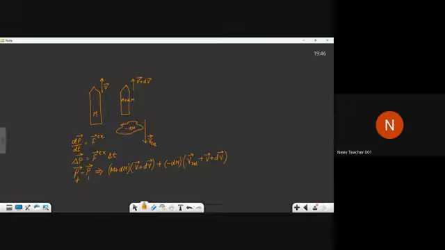This v relative is of gas with respect to rocket, and this v is of the rocket with respect to Earth.